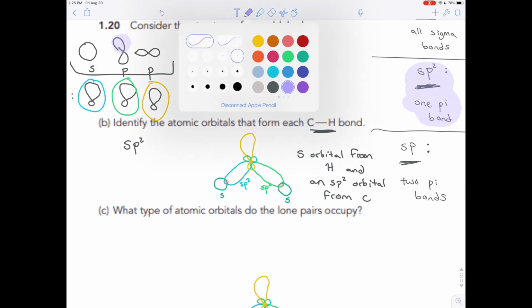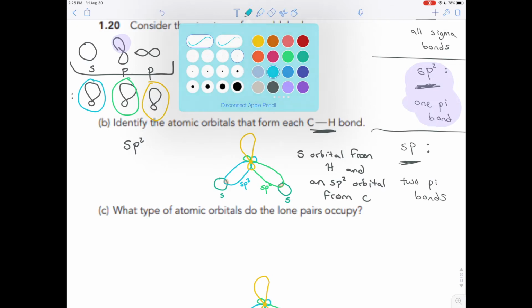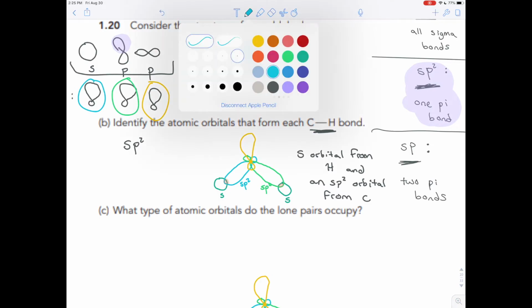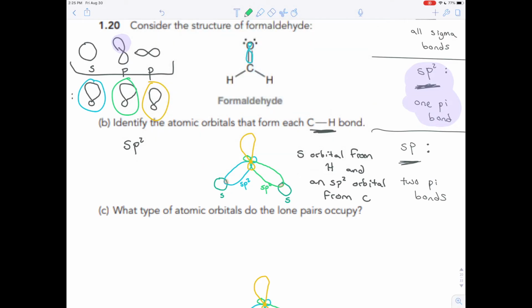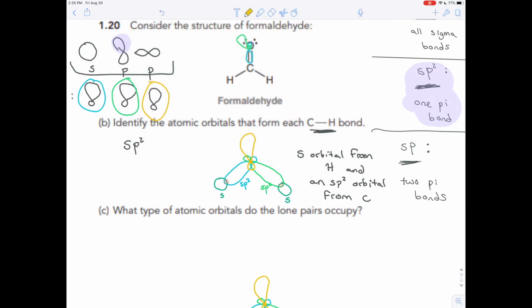It would have one sp2 orbital coming down to form the sigma bond, and the two lone pairs, each lone pair would also exist in an sp2 orbital. So little lobe, big lobe.